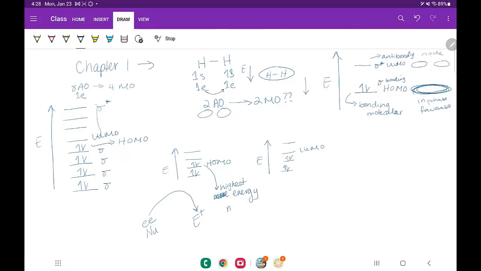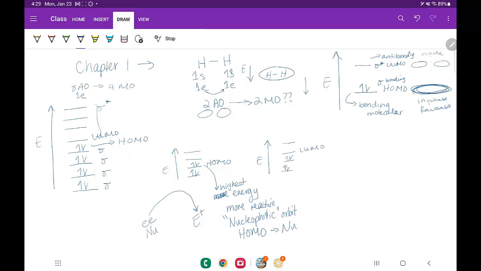So it's the more reactive, and because it's more reactive, that means it is the nucleophilic orbital. Okay, so when you think HOMO, we think nucleophile.